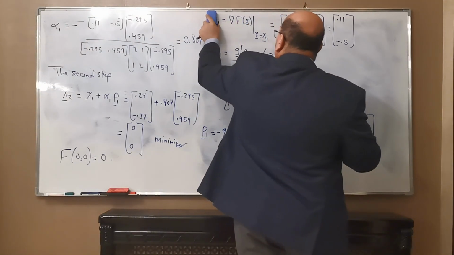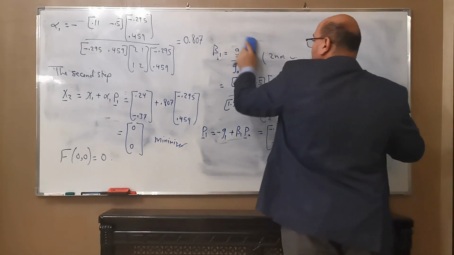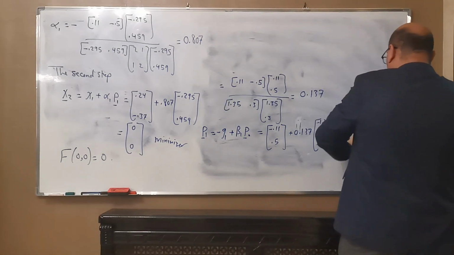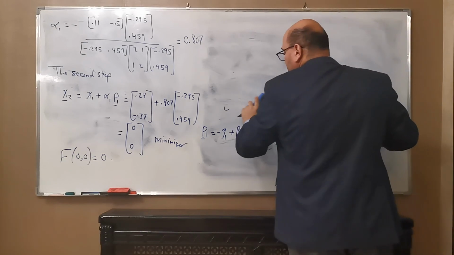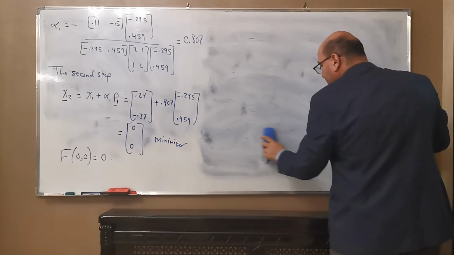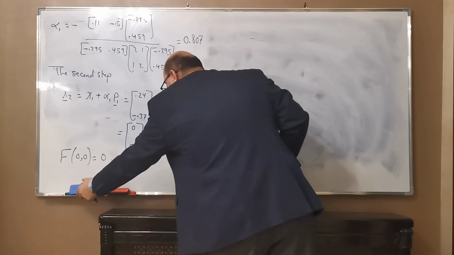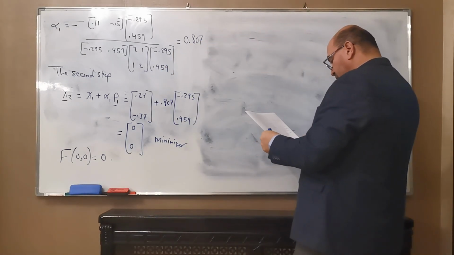Okay, a final word here before we end this lecture: because we have a second order system, we only needed 2 steps to get to the minimum.